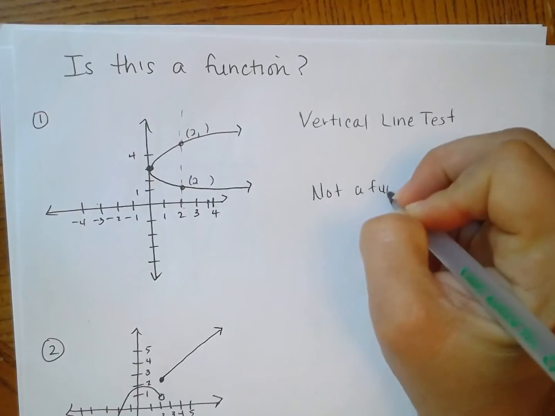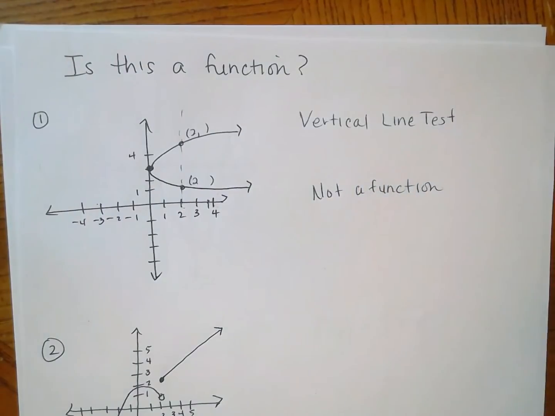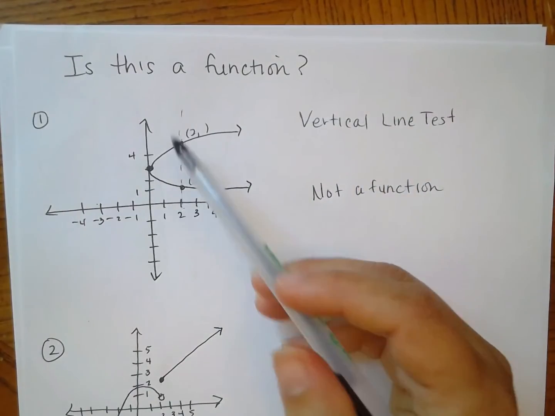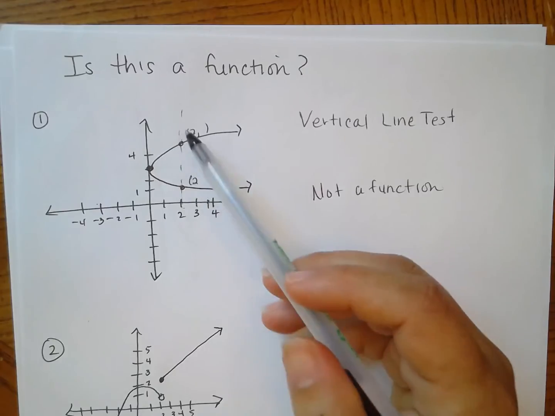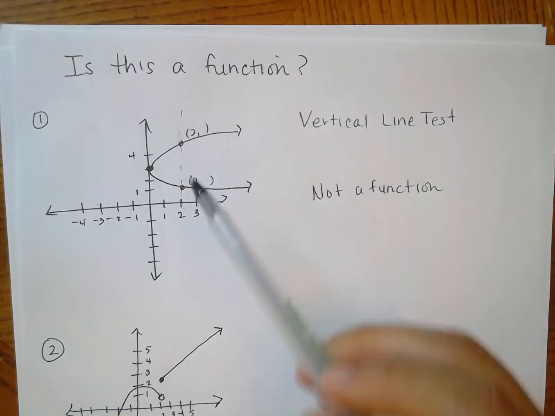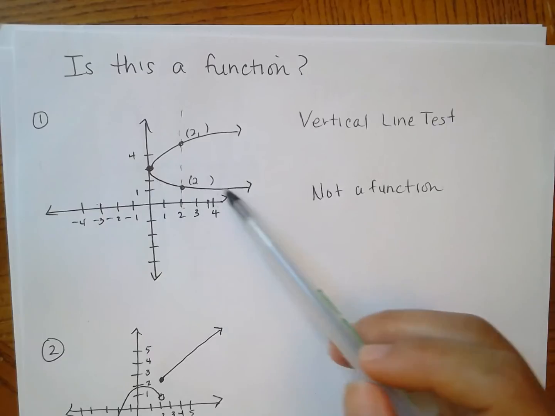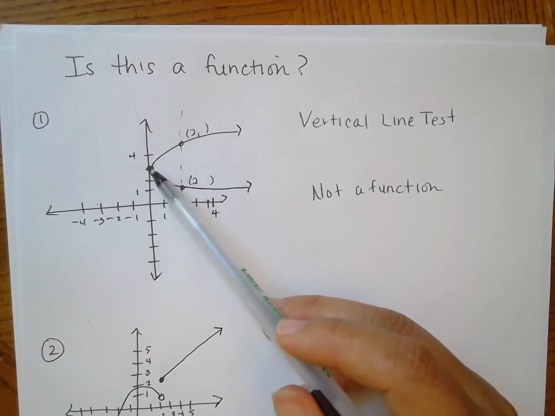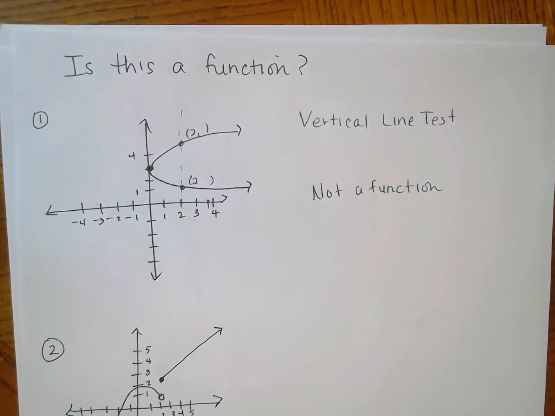So this is not a function because I have more than one y value matching up with multiple x values. So, right, 2 and 3 and everything in between here. The only one that only has a single y value is here.